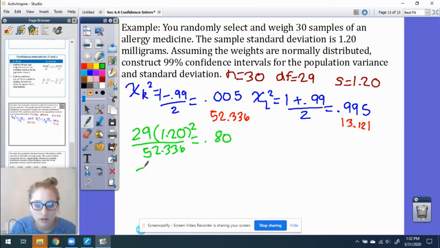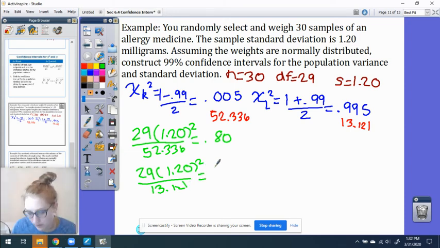I'm going to do the same thing, except this next time I'm going to divide by my other critical value, which is 3.18. Okay, so now that is my answer for my variance.